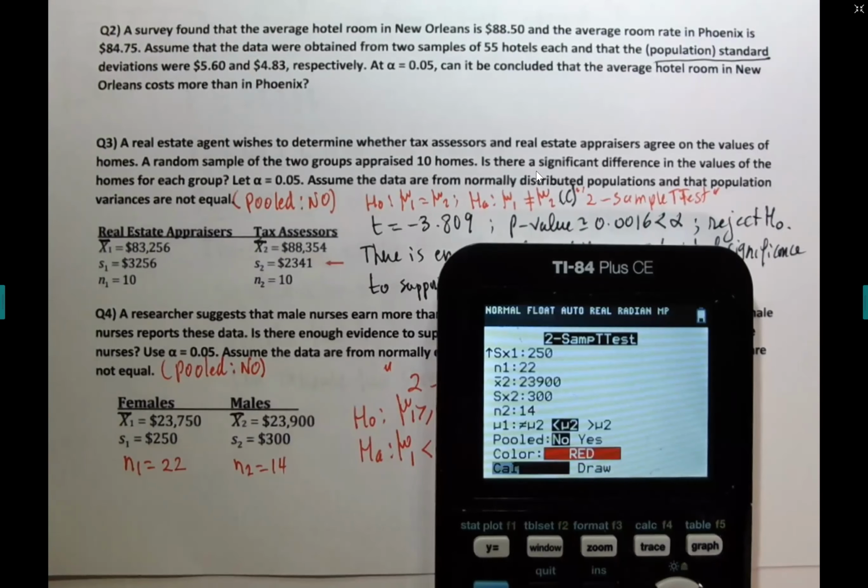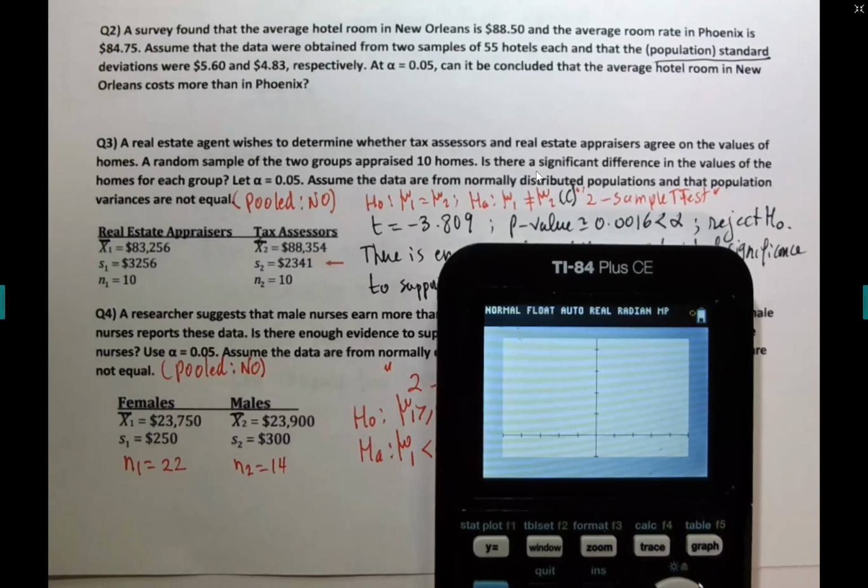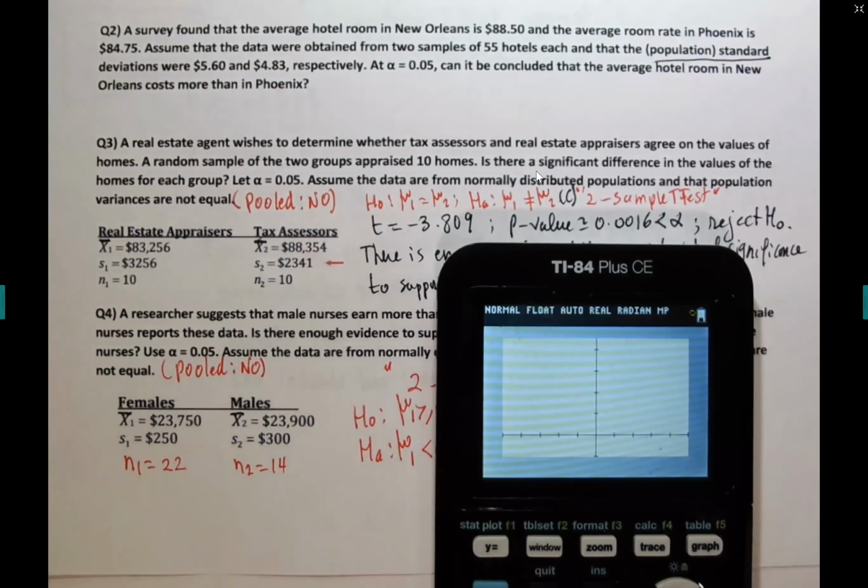And let me just do a draw and see what we get. Oh, it's a large p-value. See, the p-value is shaded to the left. It's the area to the left of the test statistic.